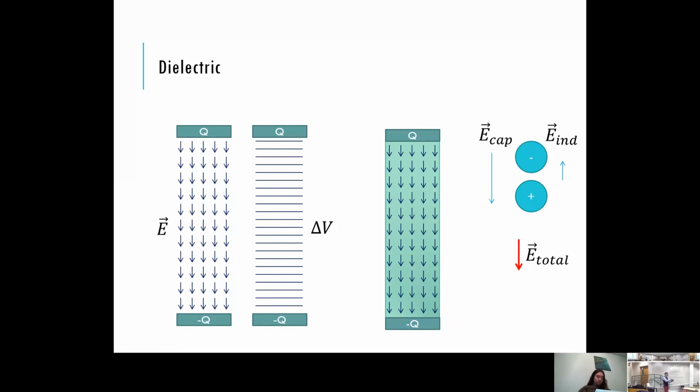Lines that are close together, steep slope. Lines that are far apart, shallow slope. So by inserting the dielectric, I induce an electric field in the material that decreases the overall electric field, and therefore the spacing between my equipotential lines increases.